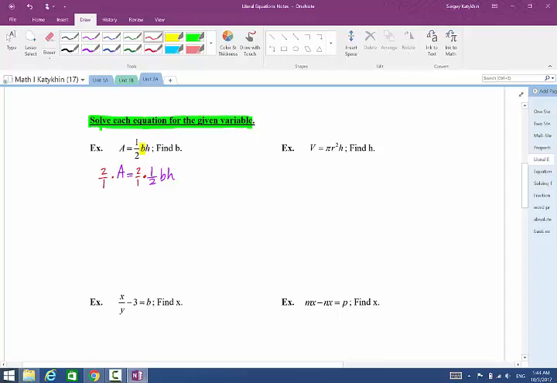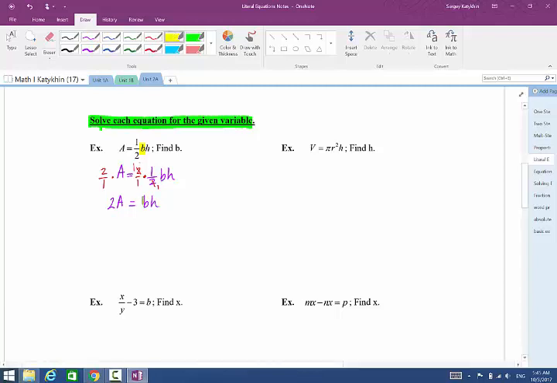Now, as you can see, the 2 and the 2 simplify to ones, and what you end up getting is 2 times A, or 2A, is equal to base times the height.